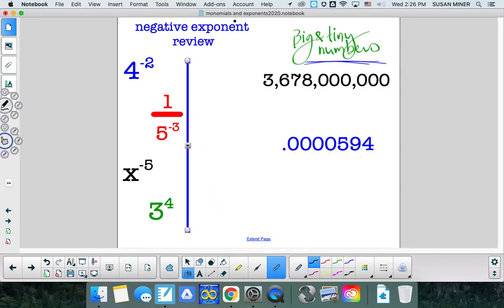And we're just going to kind of look over here at these really, really big numbers and these really, really little numbers. And when we're doing these calculations with really big numbers and really small numbers, it can be kind of tedious to have to write out a really big number over and over and over again, or a really small number over and over again.